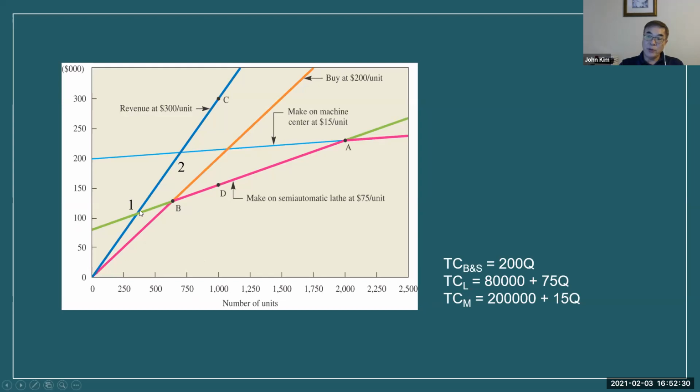Here, point 1 is revenue and the second option. And number 2 is revenue and the third option. Then points A and B. I will tell you about these 2 points later.